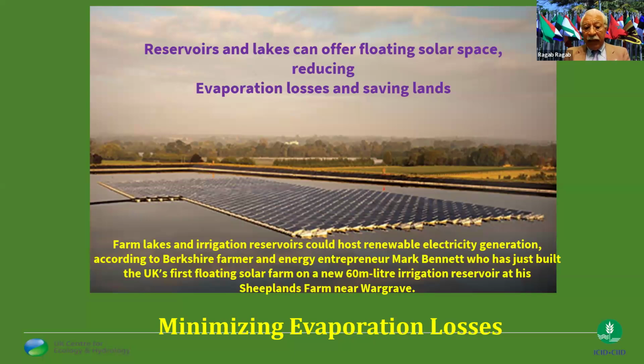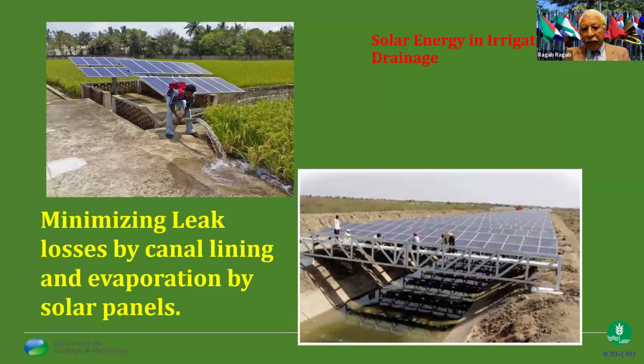And the most important thing is also reducing the losses by evaporation. And also here you can do the lining of the canals to reduce the leak, as well as cover the open irrigation canals with solar panels to produce electricity and also to reduce losses by evaporation.